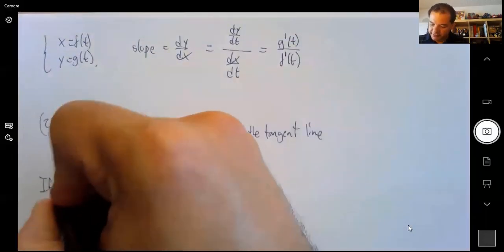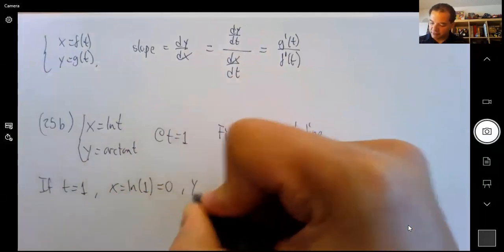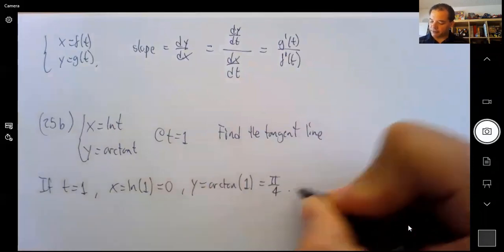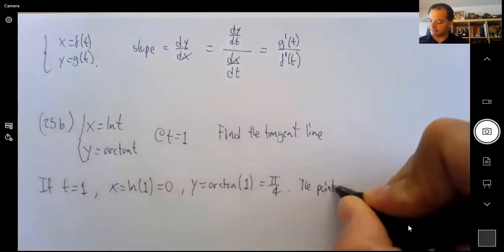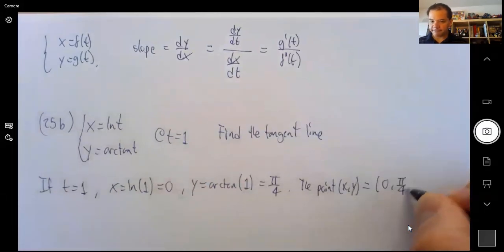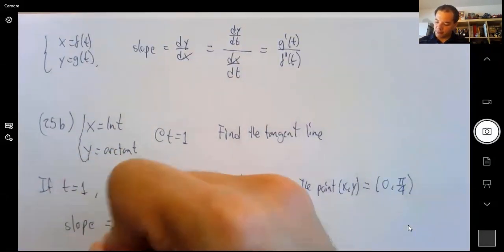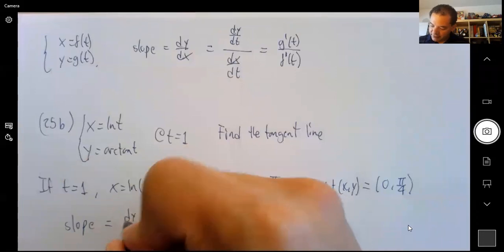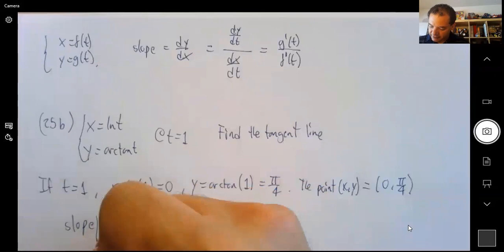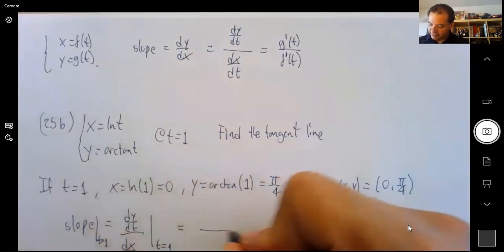So if t is 1, x is ln of 1, which is 0, and y is arctangent of 1, which is pi over 4. So the point is (0, pi over 4). That's the point. And what about the slope? Well, the slope will be dy/dt divided by dx/dt at t equals 1. What is the derivative of y?